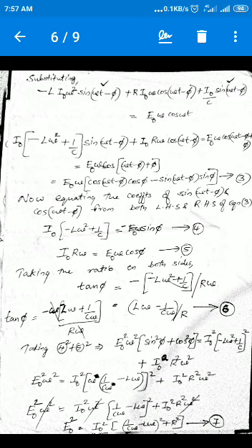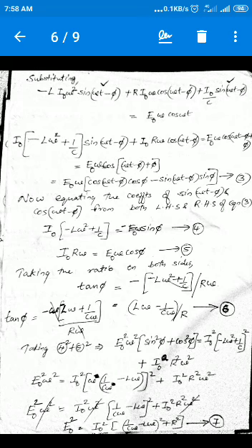But what we do is, in the right hand side, see E0 omega cos omega t, in that cos omega t term we just add and subtract phi. See that E0 omega cos omega t minus phi plus phi, we just added and subtracted in order to include the phi term on the right hand side also.